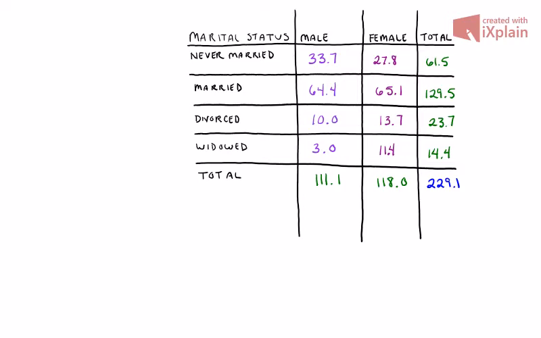This question reads, and bear with me while I write it in: what is the probability that a randomly chosen adult is male and has never been married?